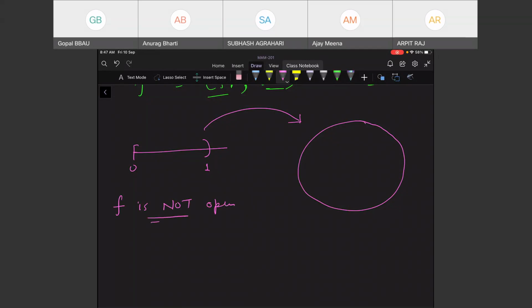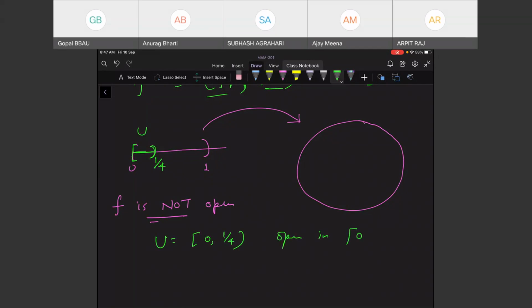Okay. So for this, what we do, we will take an open set here. Take U equal to (0, 1/4). This is open in (0, 1) with the subspace topology.